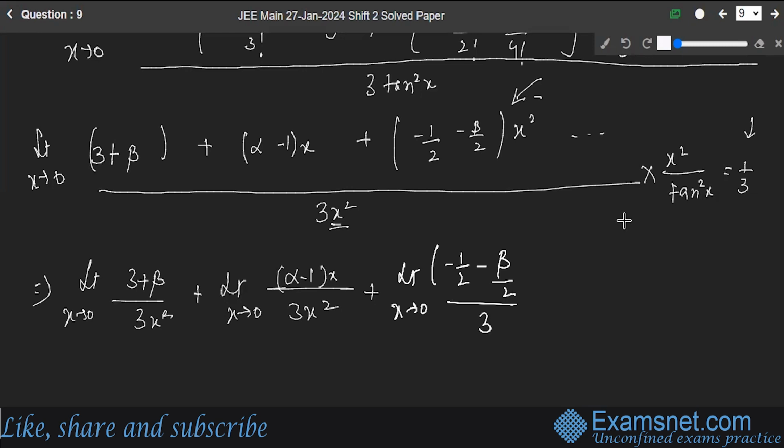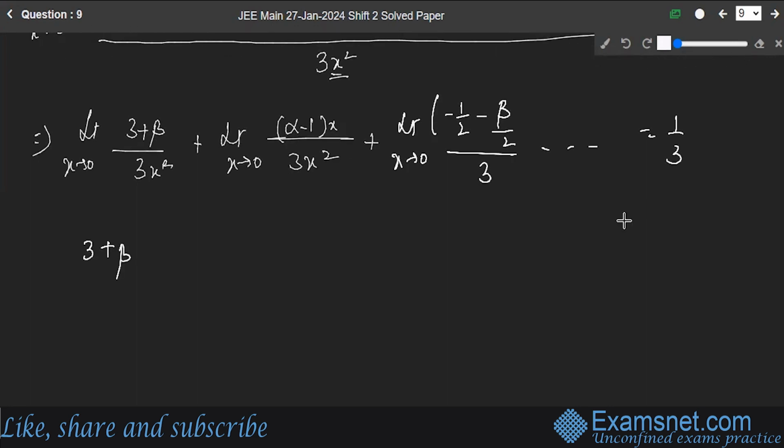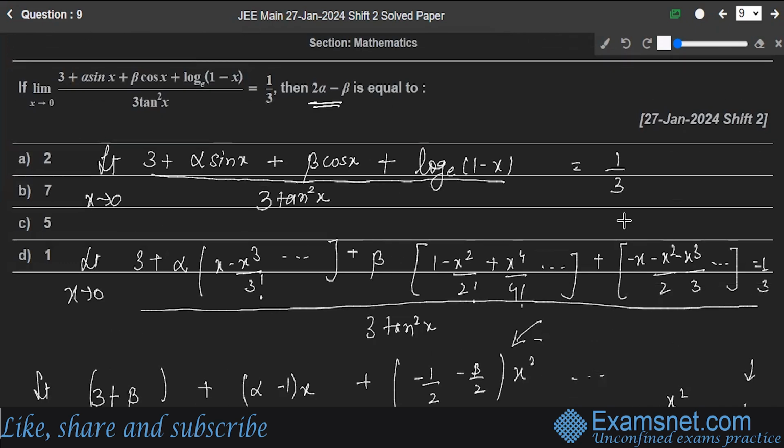Yeah, x square will cancel. And so on, this is equal to 1 by 3. So from this equation, you have 3 plus beta equal to 0, alpha minus 1 equal to 0, and minus 1 by 2 minus beta by 2 upon 3 is equal to 1 by 3. These two will cancel, and you will have minus 1 by 2 minus beta by 2 is equal to 1, or you will have alpha is equal to 1 from here, and beta is equal to minus 3 from here. I got the values and need to solve this. That's it, right? You want to know 2 alpha minus beta.